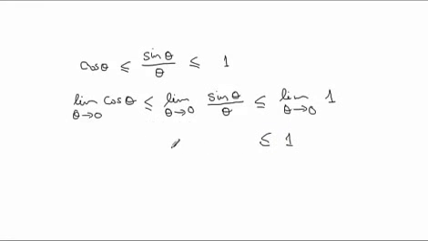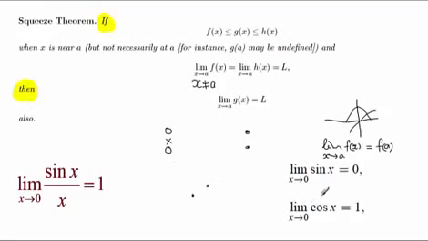And then we have the limit of sine theta over theta as theta goes to 0, greater than or equal to the limit of cos as theta goes to 0. What we discussed at the beginning, we have that equal to 1.